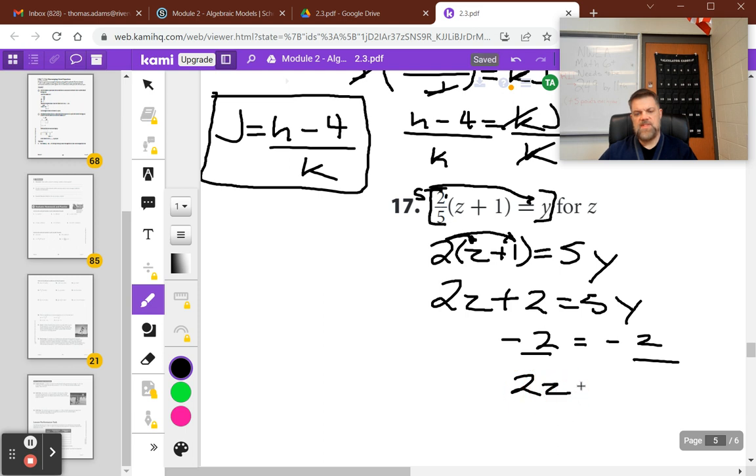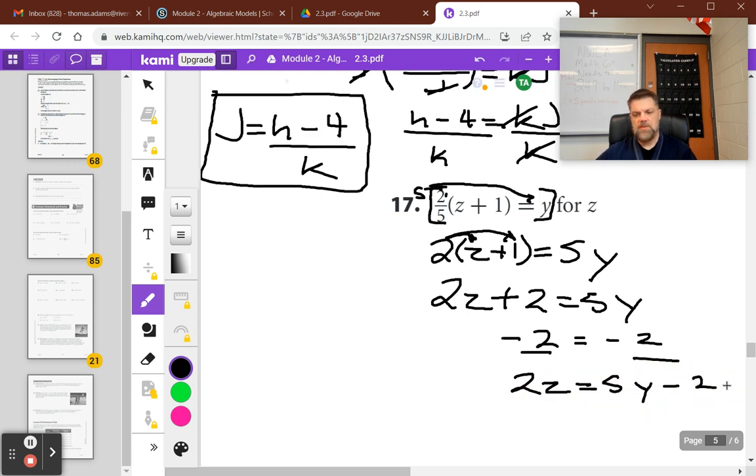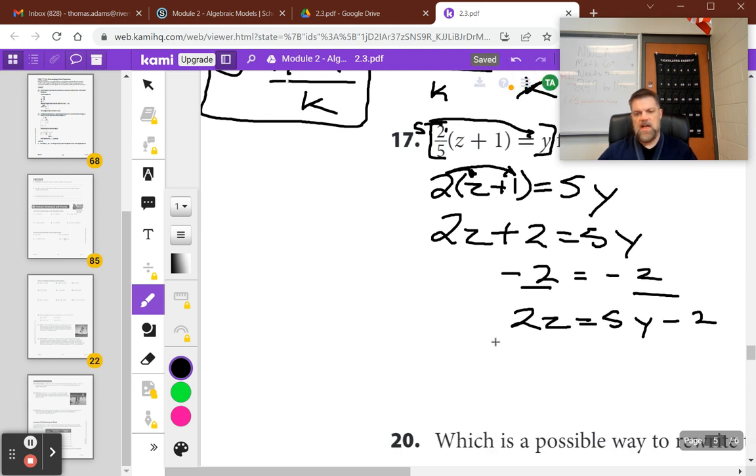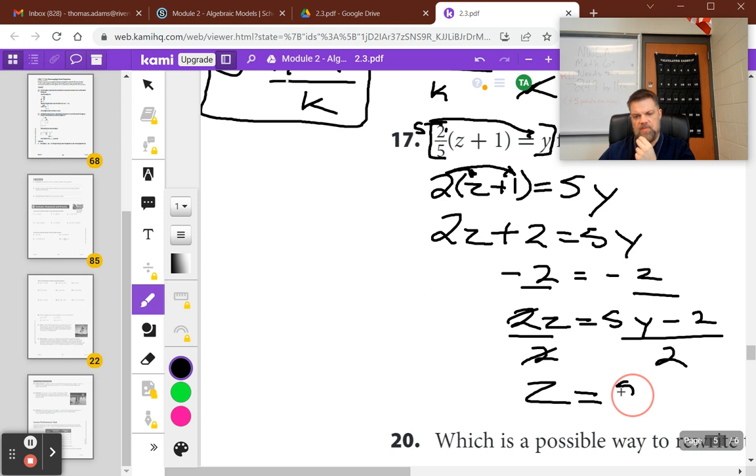And I get 2z is equal to 5y minus 2. Not quite done yet. Divide everything by 2. And I get z is equal to, these 2's cancel, z is equal to 5y minus 2 all over 2.